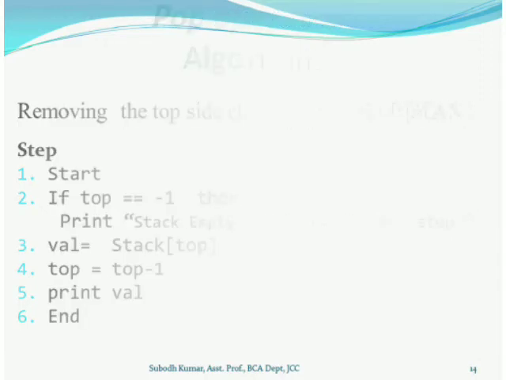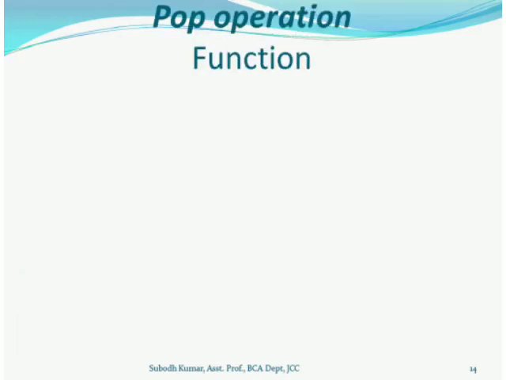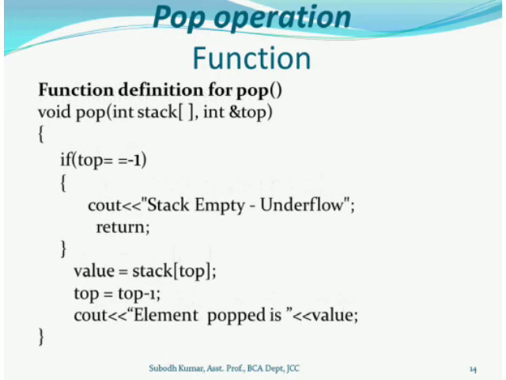And now see the function definition for the pop operation. In the pop function, we have two arguments, that is the stack, and the second argument is top, which is passed by reference. First we have checked whether the stack is empty or not. If top equals to -1, then cout prints stack empty, that is underflow, and we have used a return statement there so that we can exit from the function if the stack is already empty.